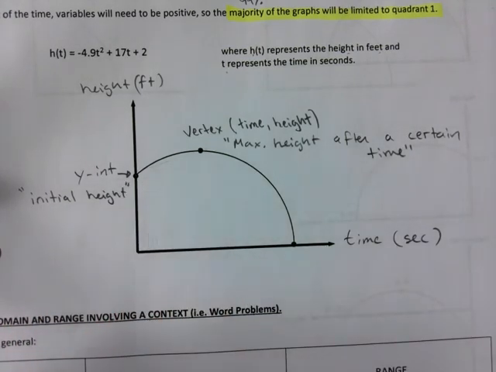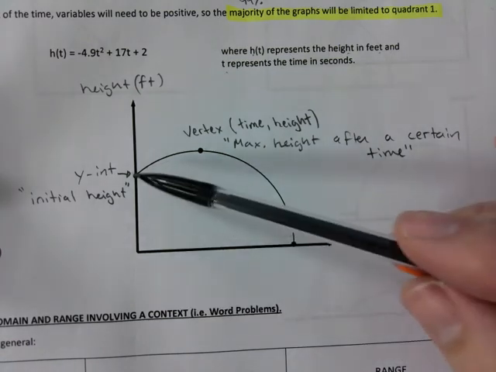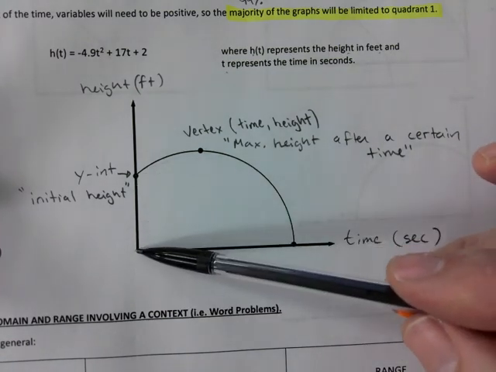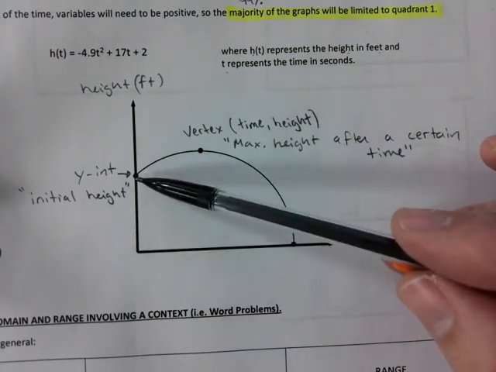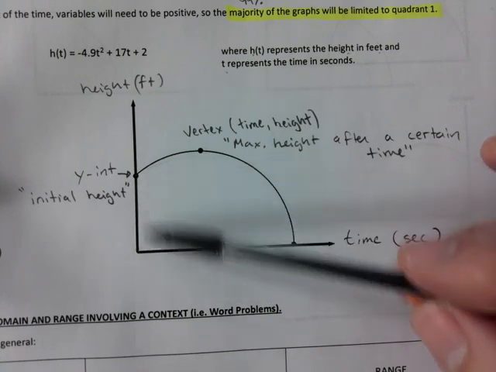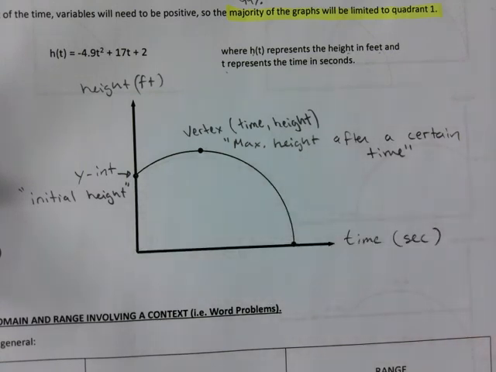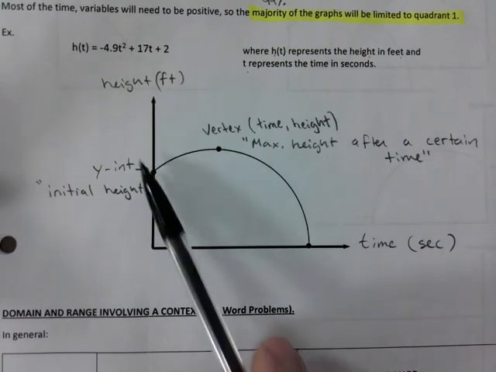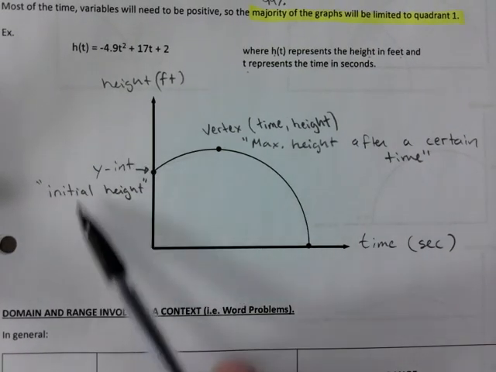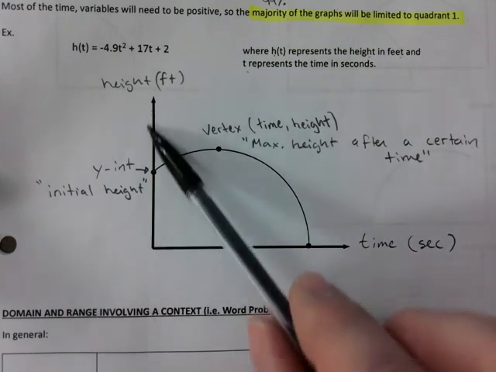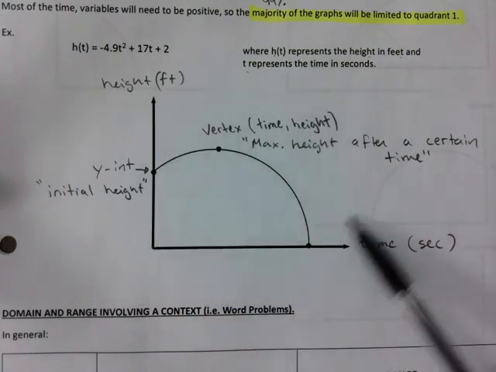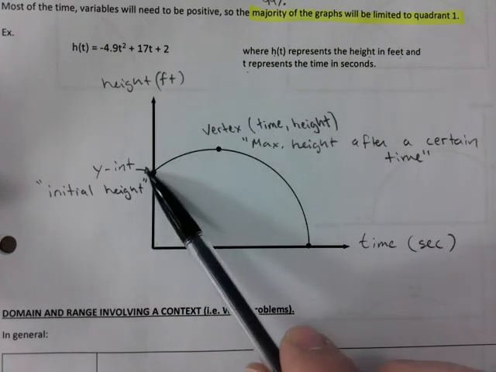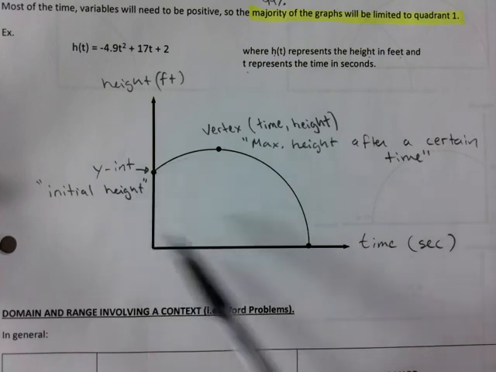This is the height you're starting at. And remember, you could be starting right on the ground, or you could be starting off the ground. It depends on the scenario. And I want you to understand that. Do you see anything happening in the other quadrants? No. So in word problems, we're restricted to just quadrant 1. And so we do not extend the line past the x and the y axis.